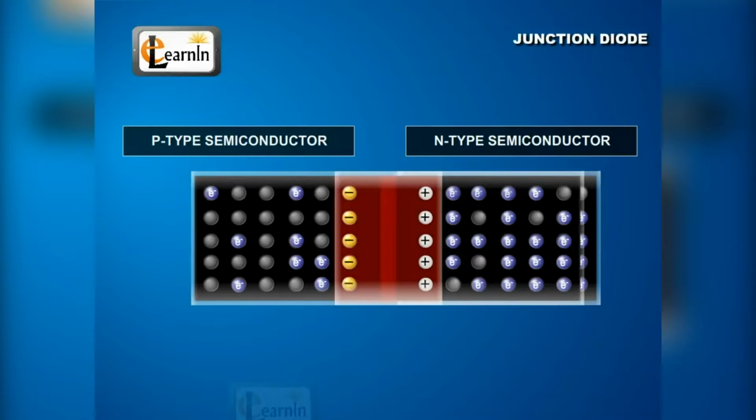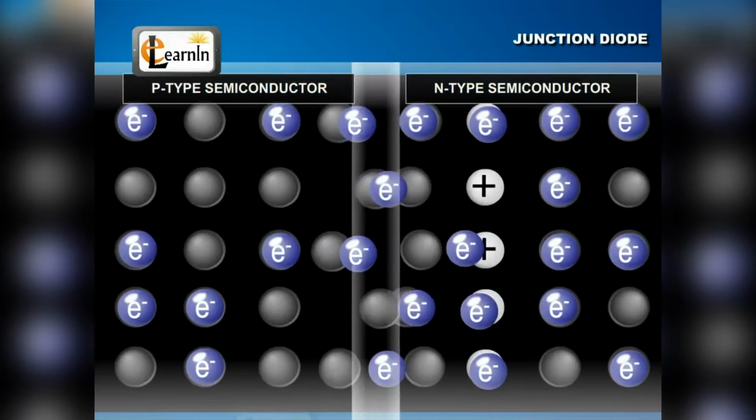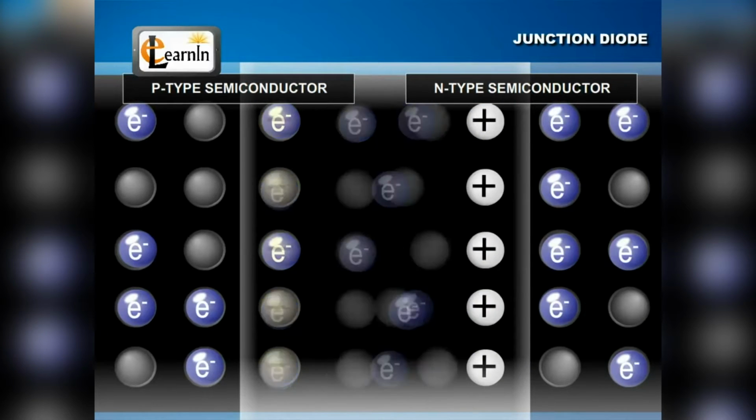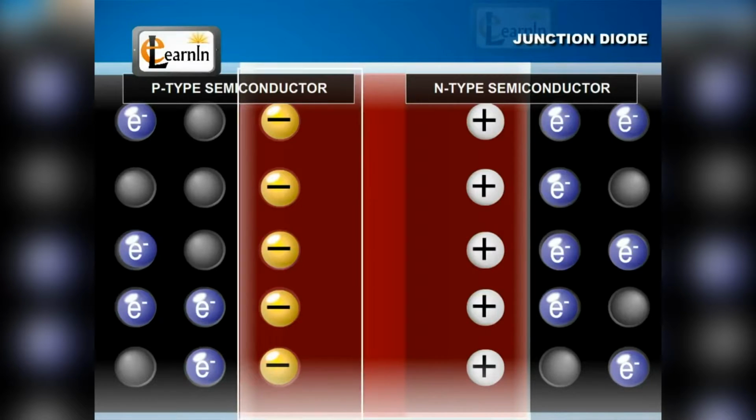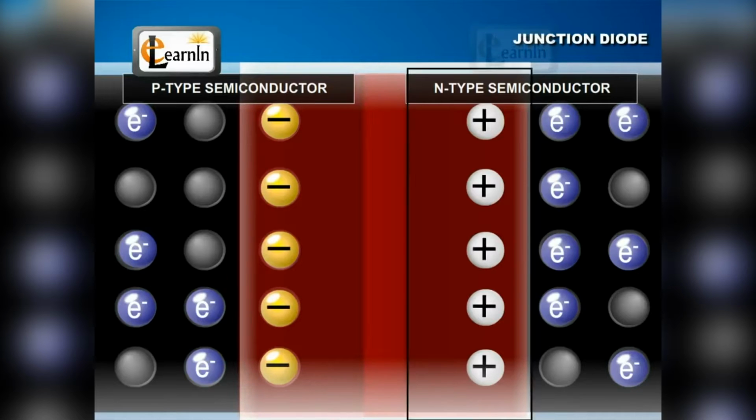Similarly, some of the holes from the p side enter into the n side. So, at the junction, these electrons and holes combine with each other. The hole and electron neutralize each other on such recombination as shown. Therefore, in the region close to the junction, only negative ions are left behind on the p side and only positive ions on the n side.